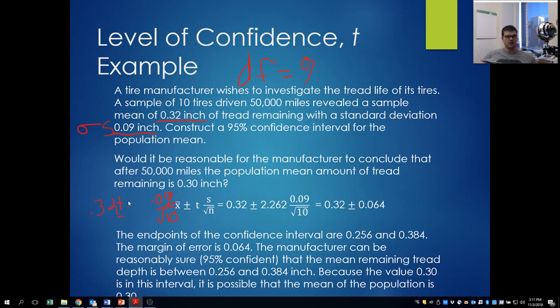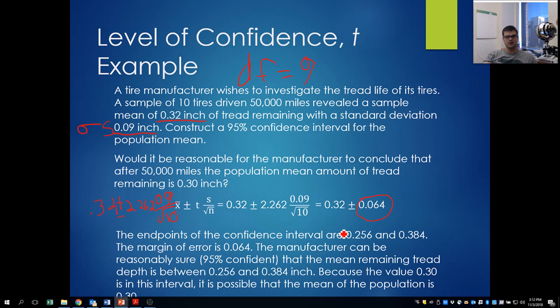So that's plus or minus 2.262 multiplied by 0.09 divided by the square root of 10. That equals 0.32 plus or minus 0.04.